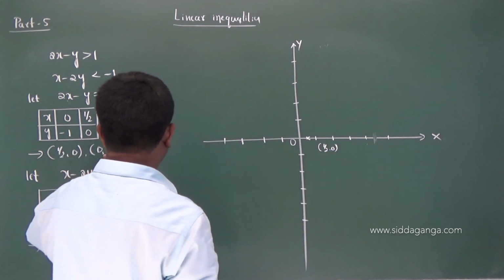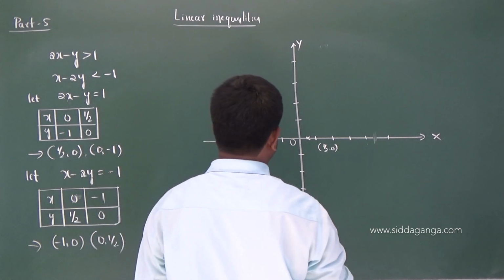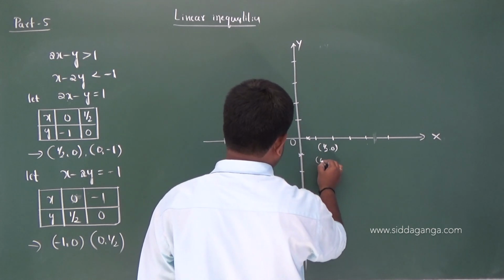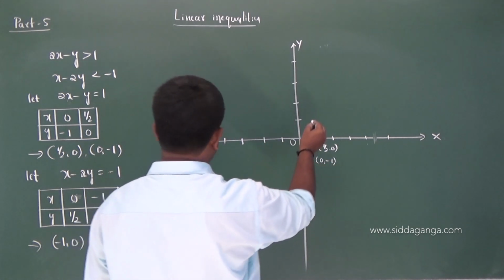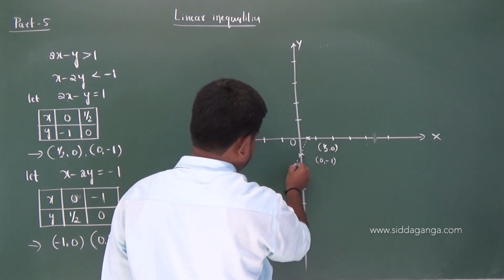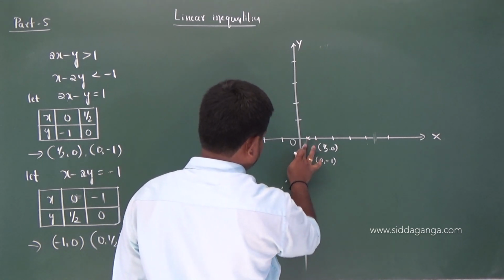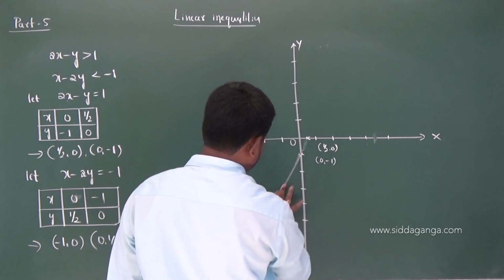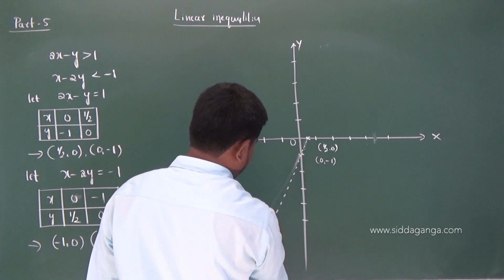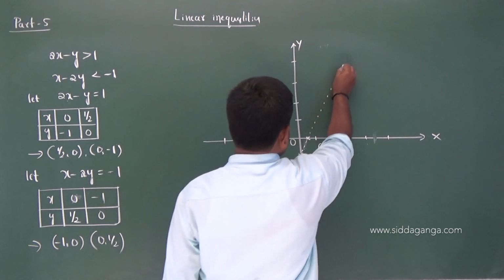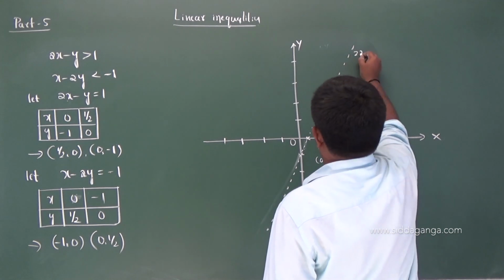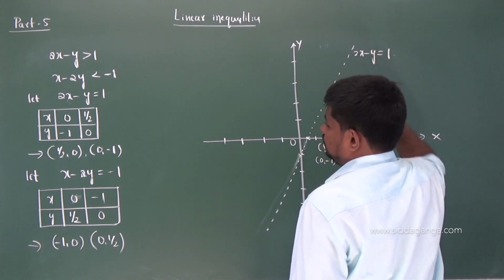The second point is 0 comma minus 1, this is the point 0 comma minus 1. So this is your line, that is 2x minus y is equal to 1.